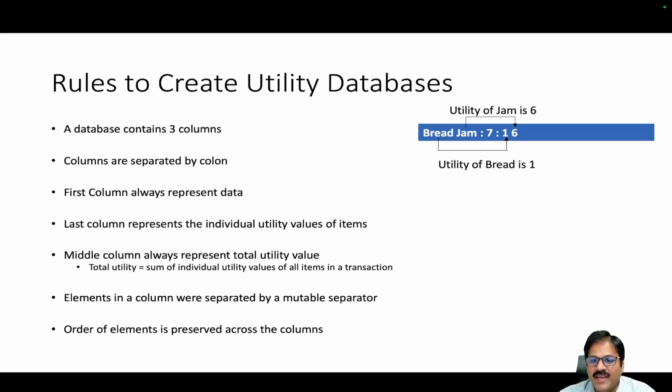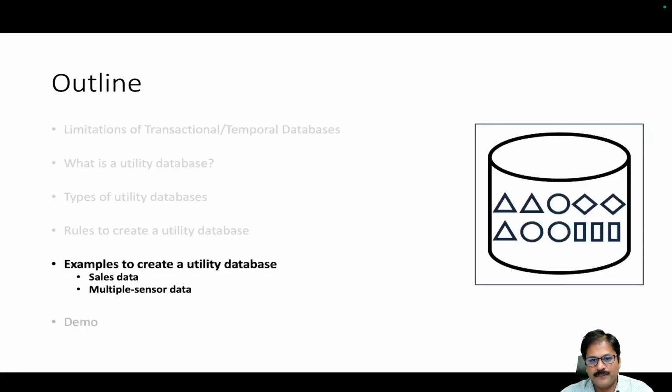Similarly, the second utility value in the third column corresponds to the item jam. So this way the order of the occurrences of items in a column is preserved across the columns also.